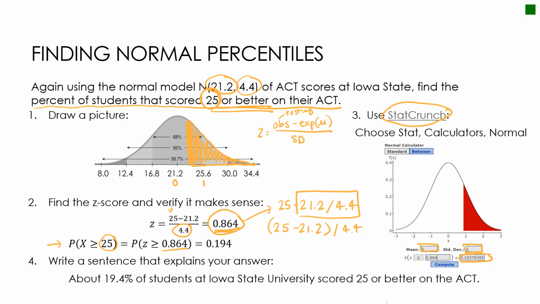And that means I'm putting in a z-score. And then I entered my z-score of 0.864, and I was very certain to make sure my probability is going in the right direction. I knew I wanted all of this stuff to the right because those are the people who did better than 25, and therefore I got my 0.194 answer. And so my solution: about 19.4% of students at Iowa State University scored 25 or better on the ACT.